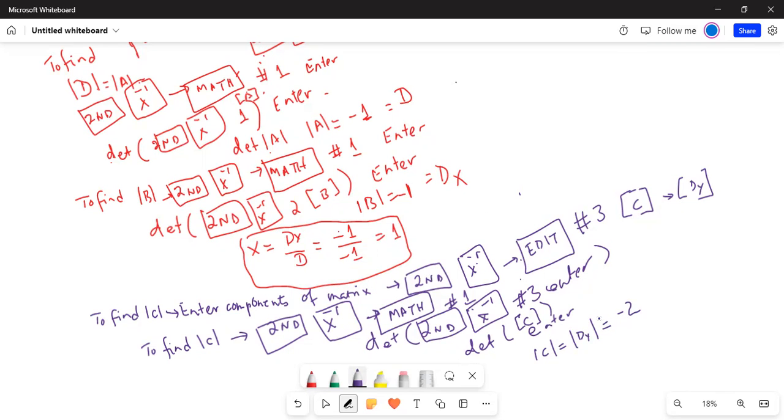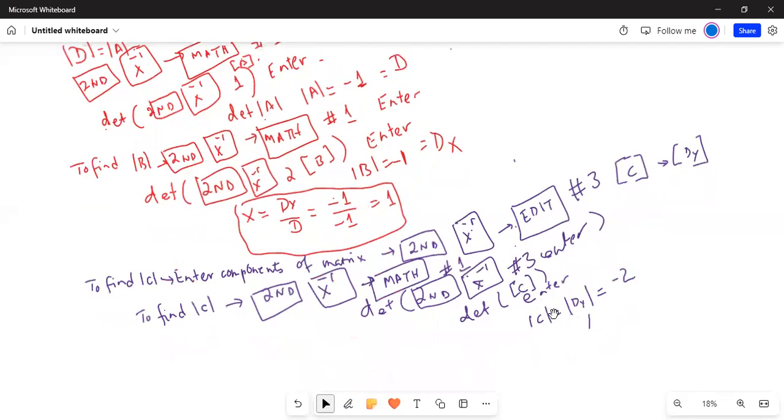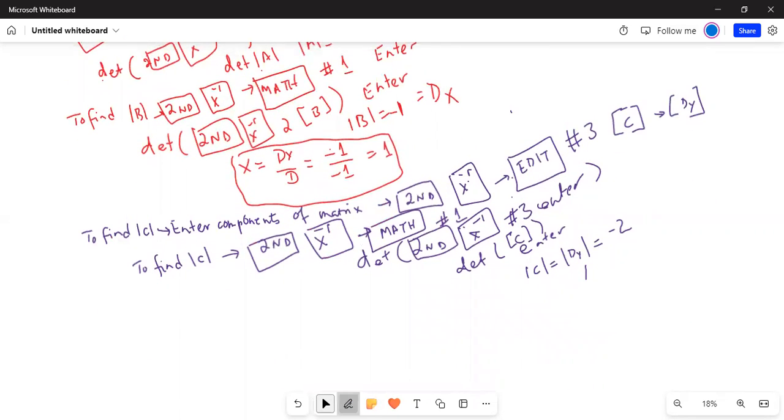So y is equal to dy by D. That was dx by D for x.